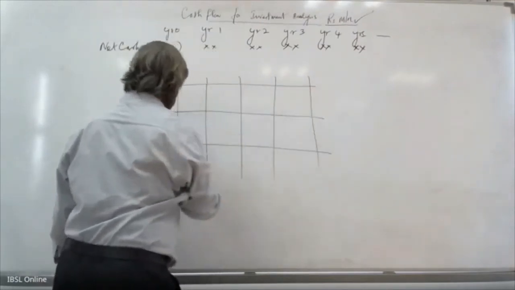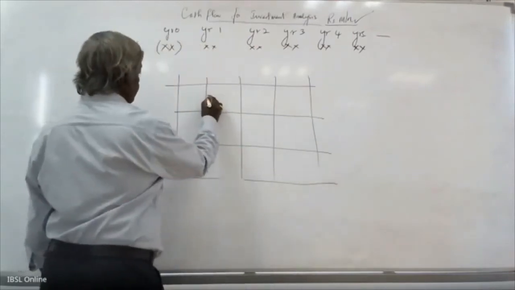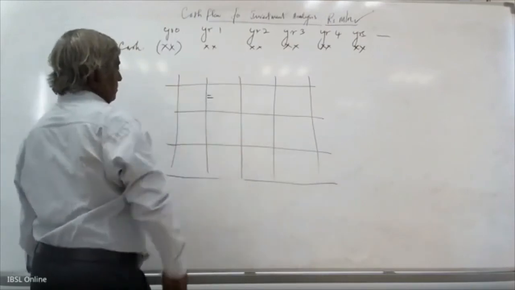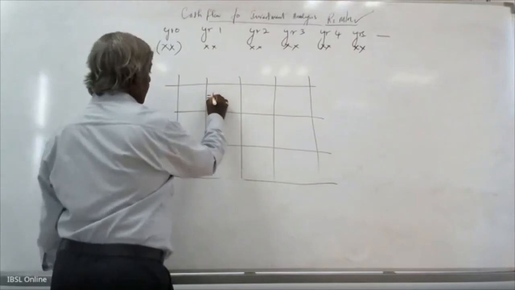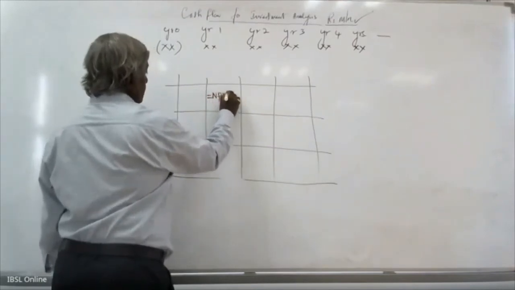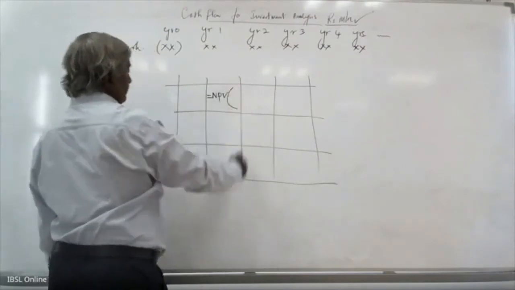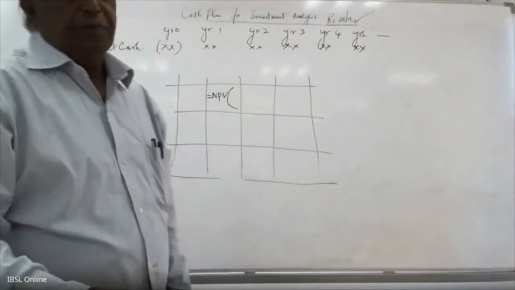Bring the cursor to one cell, put the equal sign, and then type NPV. Put the bracket. Then the computer will prompt you. The computer will tell you what to do.